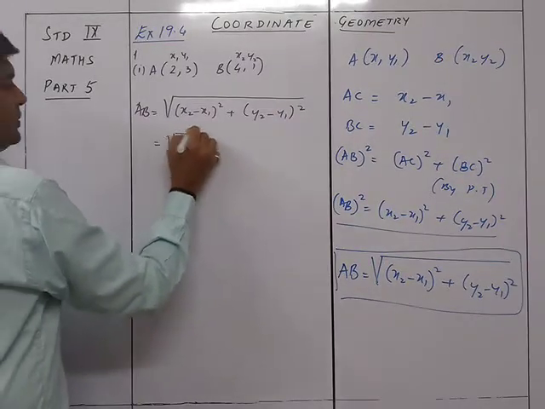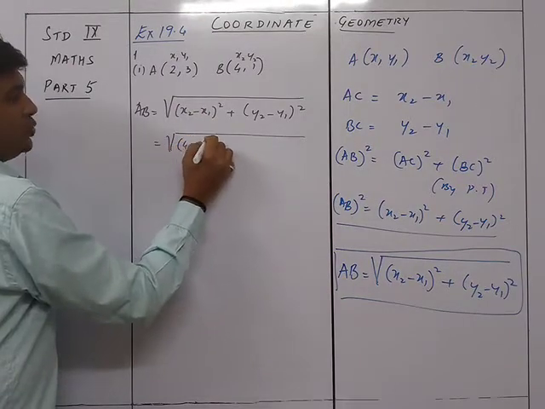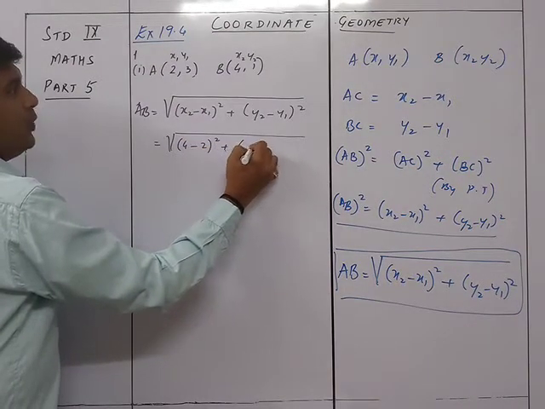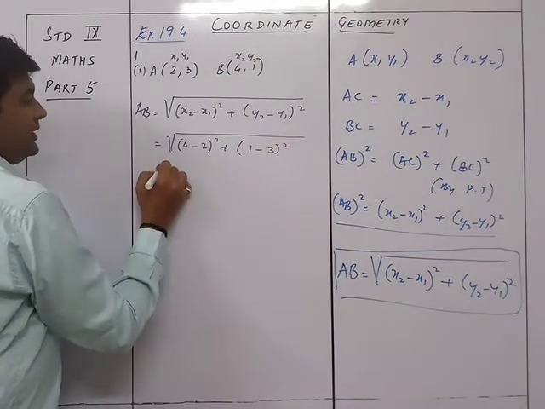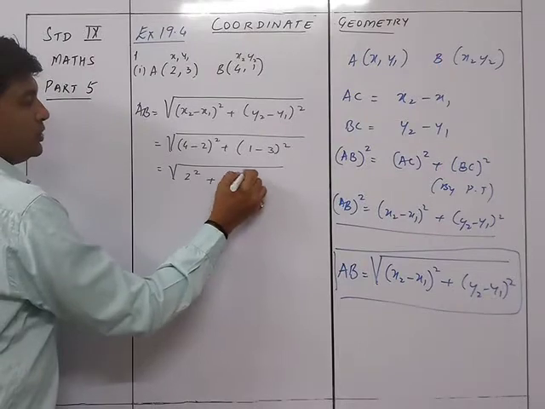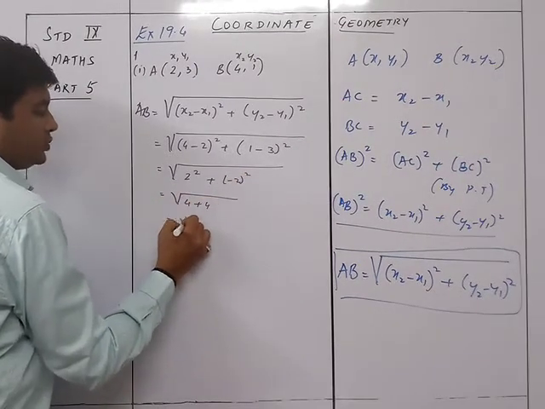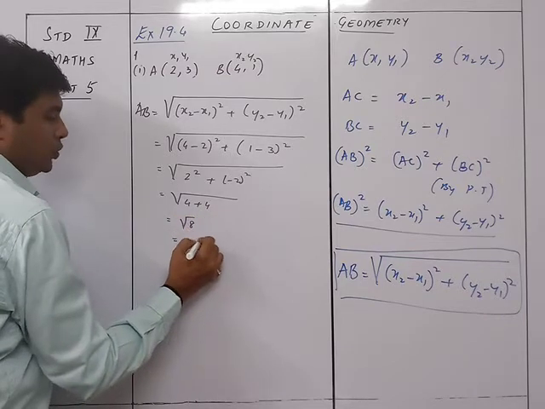That will be, as x2 is 4, 4 minus 2 the whole square plus 1 minus 3 the whole square. That is 2 square plus minus 2 the whole square, which is 4 plus 4, equal to root of 8, which is nothing but 2 root 2.